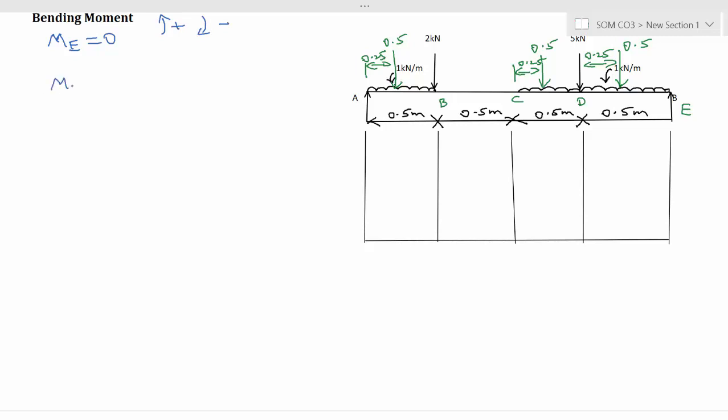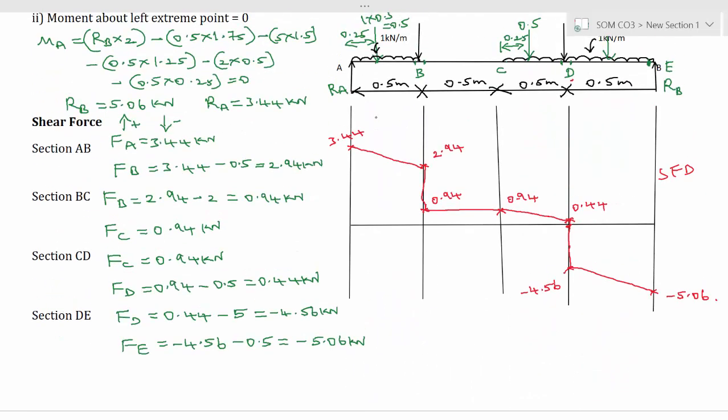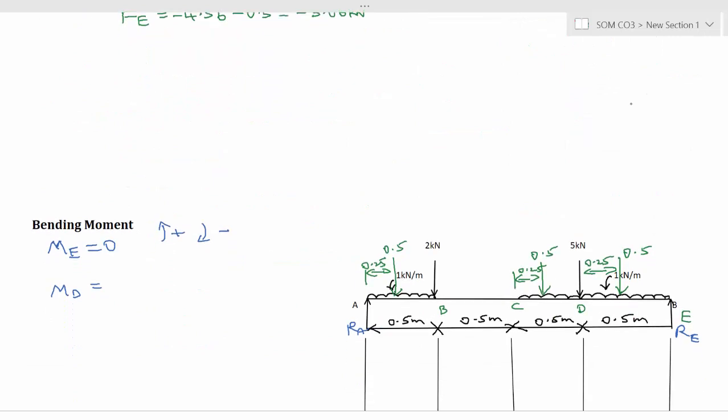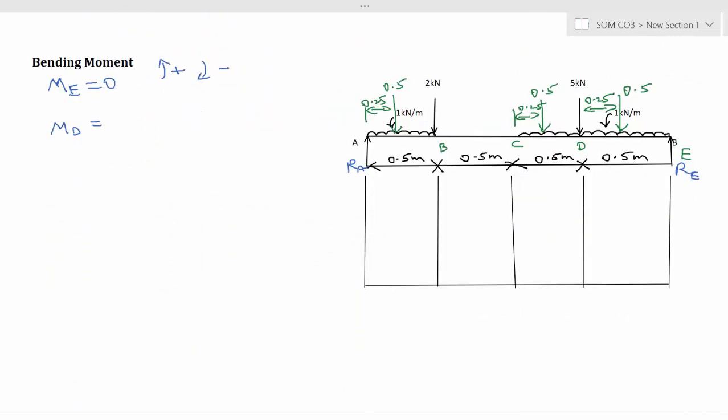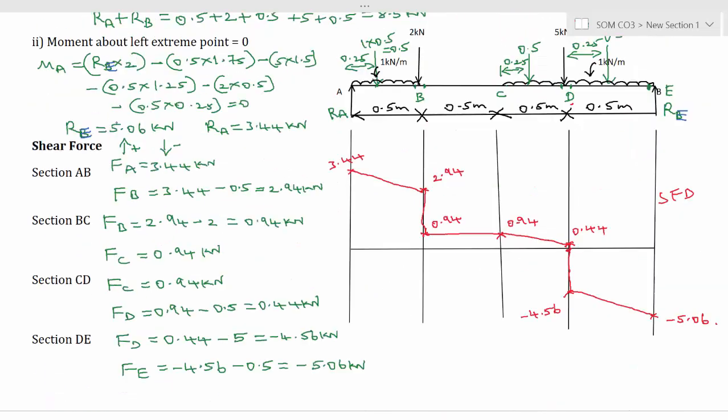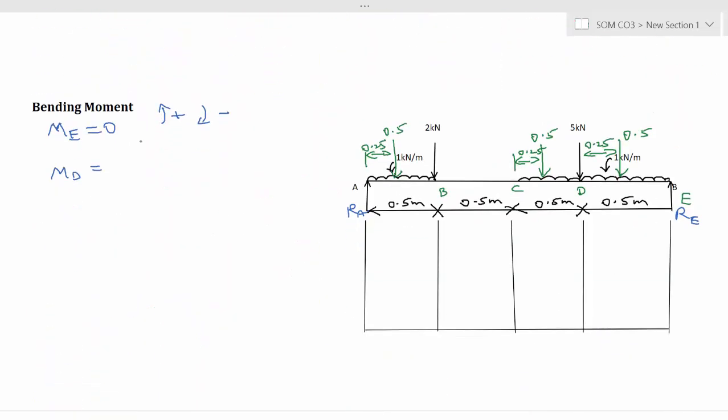Then at MD, it is equal to the reaction force RE. So here it is actually RE. Okay. So this is RE. Fine. So the RE is acting in the anti-clockwise direction, and we know the magnitude of RE is 5.06.